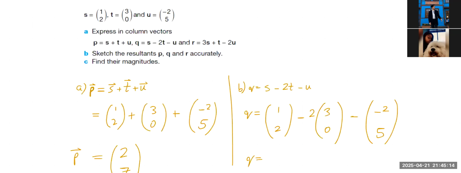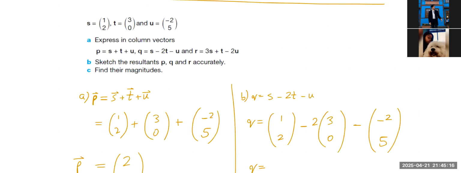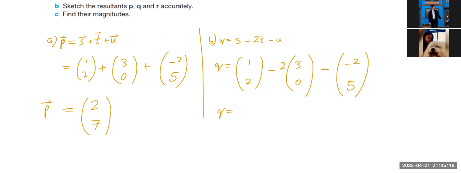Is this clear? So the first thing you should do is regular algebra. Multiply the brackets first. So what is this going to be? 6 and 0. Exactly. So now you have (1, 2) minus (6, 0) minus (-2, 5).